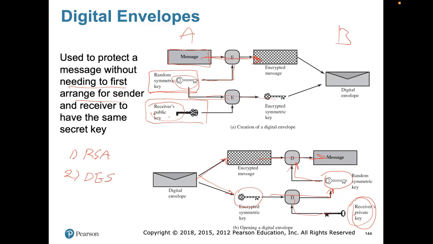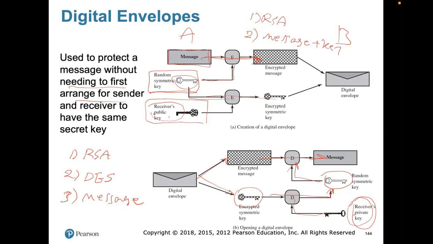The DES key is going to be exchanged, and then the message is going to be sent encrypted by DES. But with the digital envelope, we only have the key exchange for RSA, and then in the second step, the message and the key are sent at the same time. So we somehow save a little bit of time.